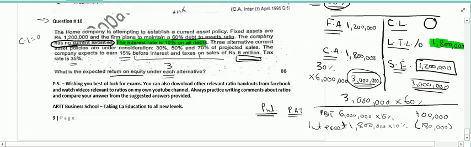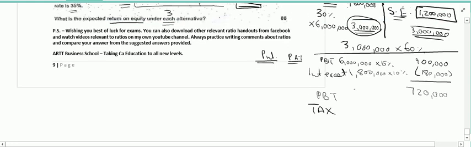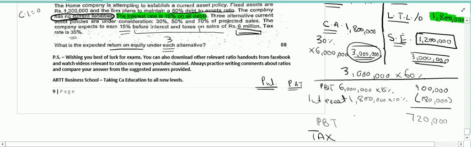And if it is 180,000, my profit before tax amount will be 720,000.